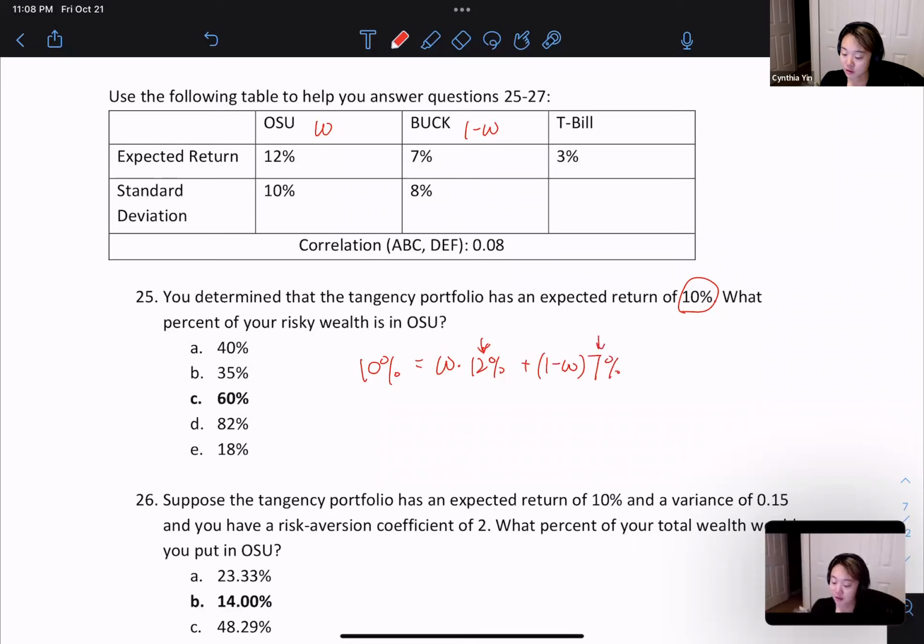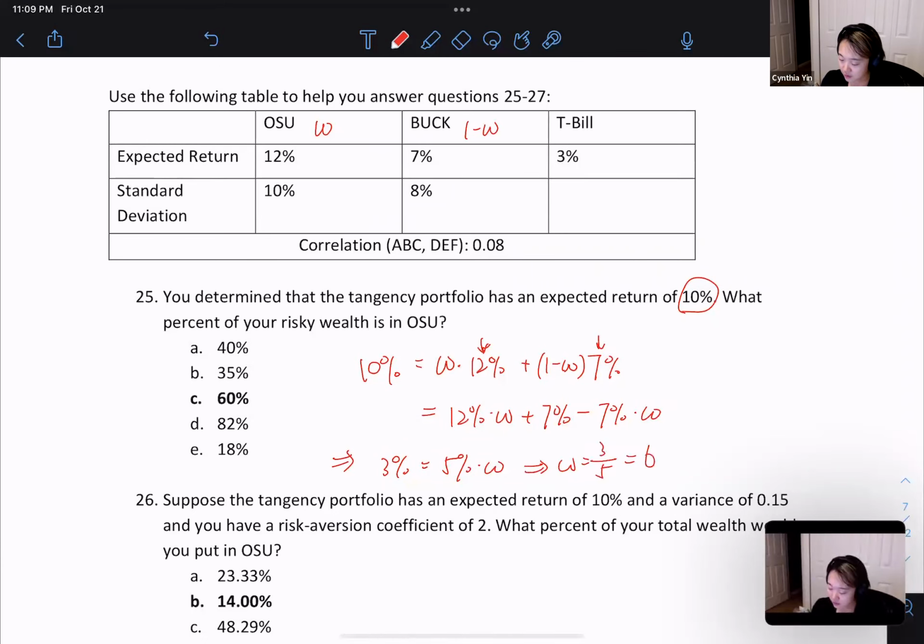This is the expected return of BUCK. Then you will get 12% times W plus 7% minus 7% times W. You will get 3% equals 5% times W. W equals 3 divided by 5, which is 60%. Okay, so answer is C.